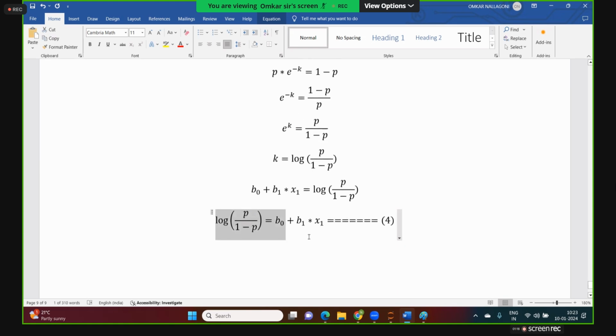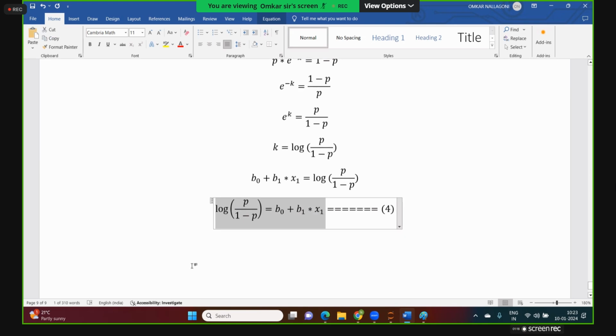Now the beauty you see here is that it becomes y equals beta naught plus beta 1 x1. Now it becomes a linear equation. Now interpret this. How can you interpret this? If we increase x by 1 unit, then what?